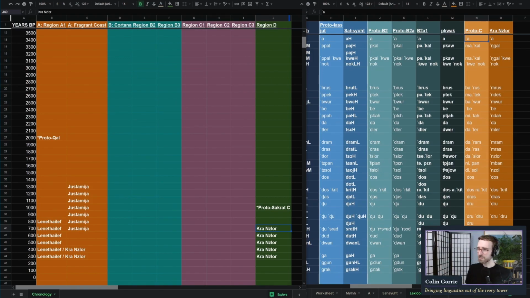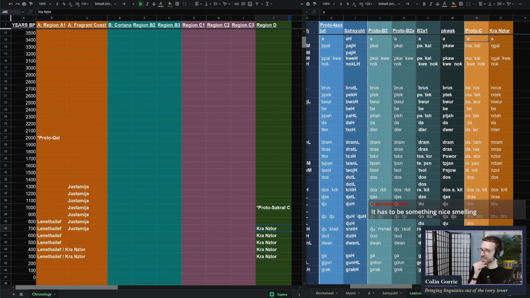So I kind of want to leave us some wiggle room for now, in case we want to put the Fragrant Coast somewhere that has a climate that we hadn't thought of before. All right, let's scroll down a bit.